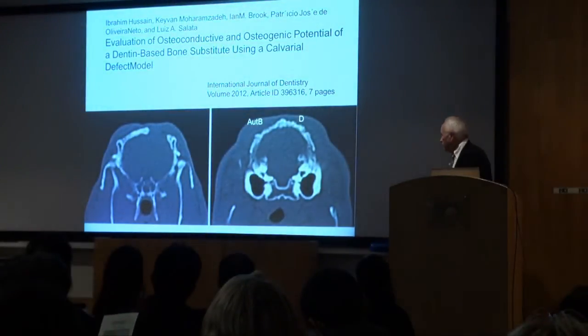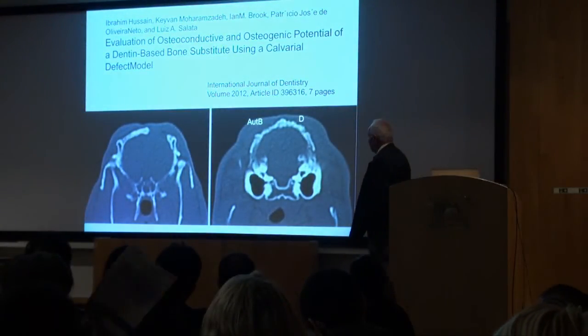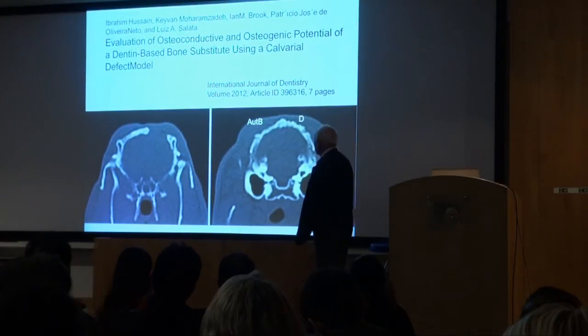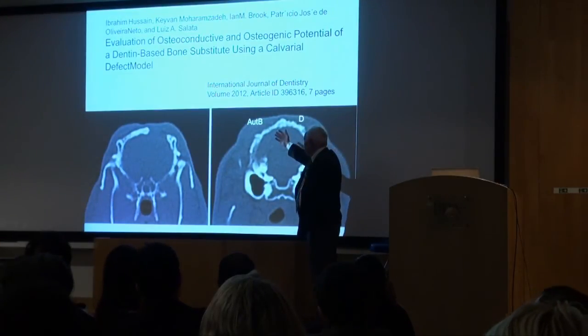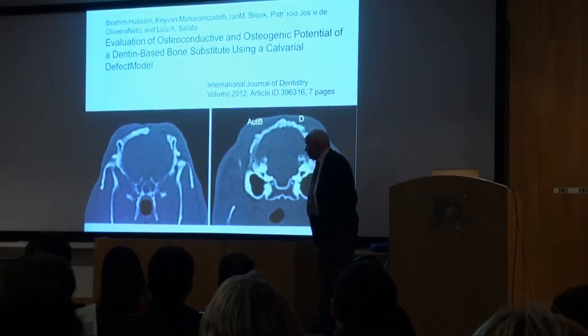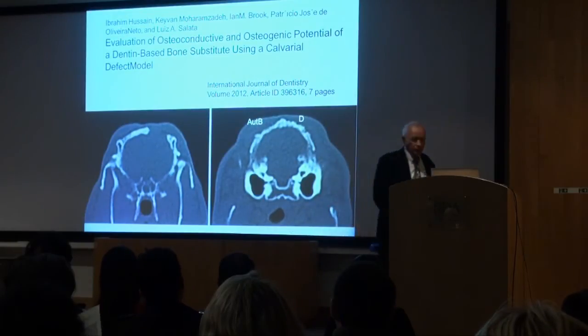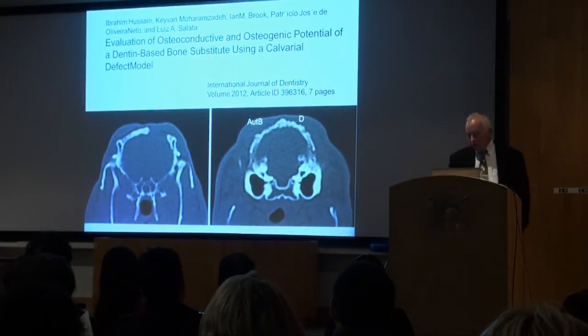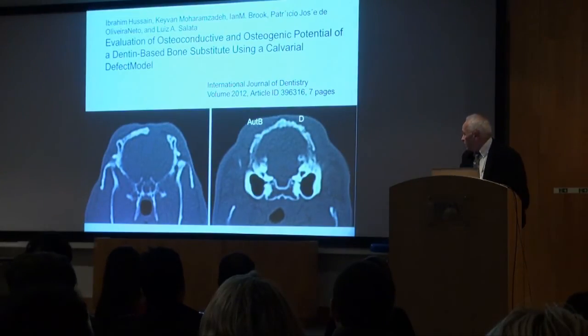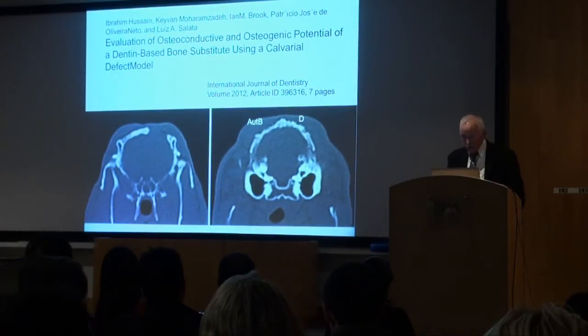Also, in the cranium, when you make a graft of autologous bone and dentin, you have very nice closure of the damaged bone, while other materials don't complete the closure.